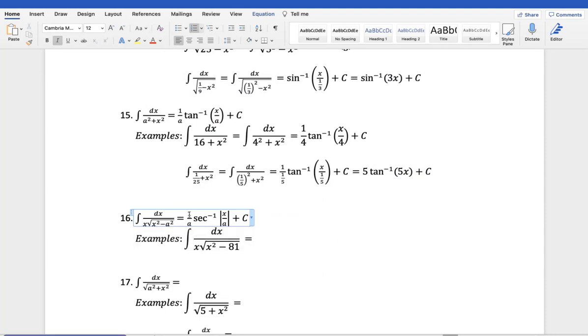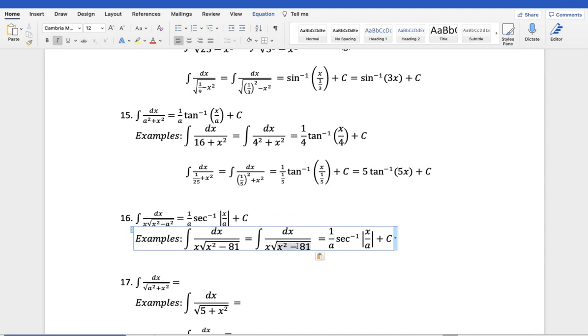And if we were to apply this to a specific example, you have the integral of dx over x multiplied by the square root of x squared minus 81. In that case, we can see that 81 is just 9 squared.